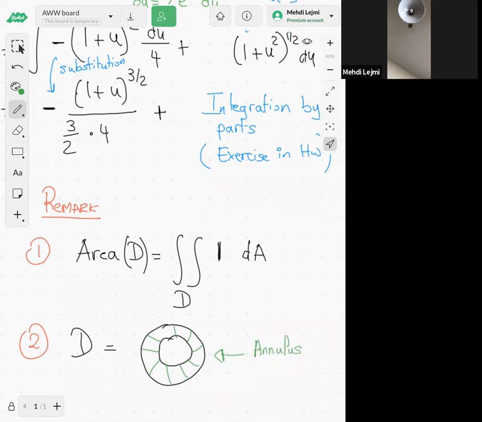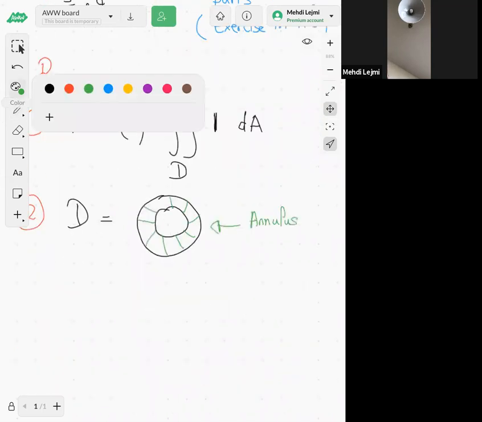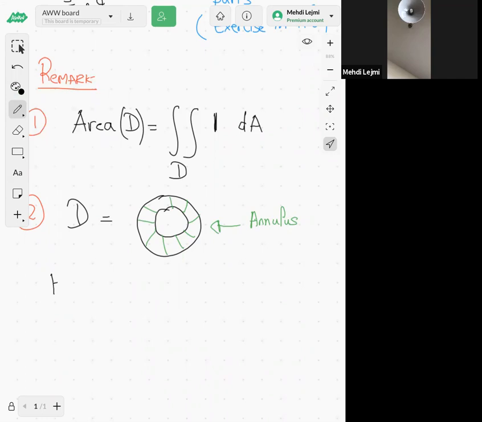And we said D is not an elementary region, right?